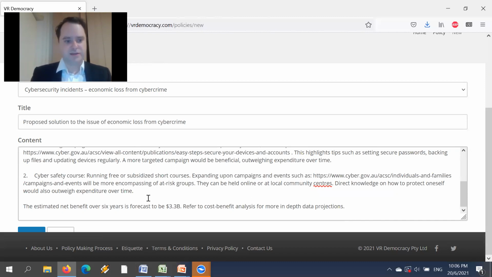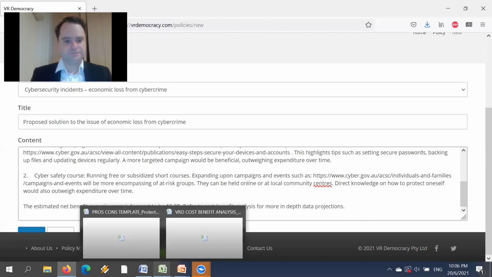So my last line here, I have the estimated net benefit over 6 years is forecast to be $3.3 billion. Well, where did I get that figure? And so this is where, to back this up, I can perhaps quote papers to give evidence if people have already researched this, or we can perhaps provide our own analysis using a couple of tools.